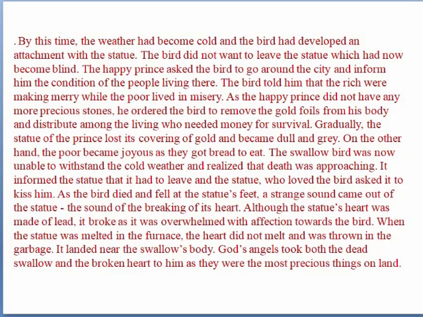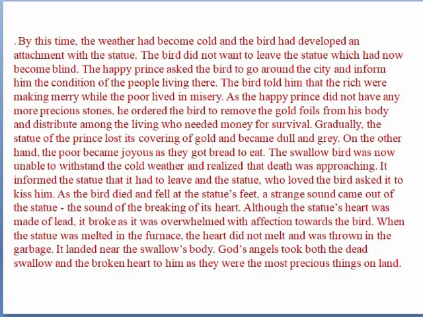As the happy prince did not have any more precious stones, he ordered the bird to remove the gold foils from his body and distribute among the living who needed money for survival. Gradually, the statue of the prince lost its covering of gold and became dull and grey. On the other hand, the poor became joyous as they got bread to eat.